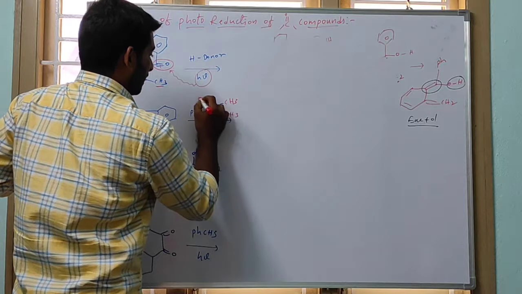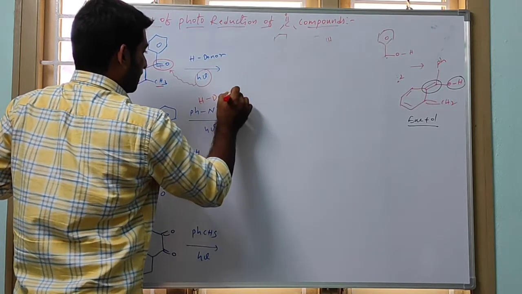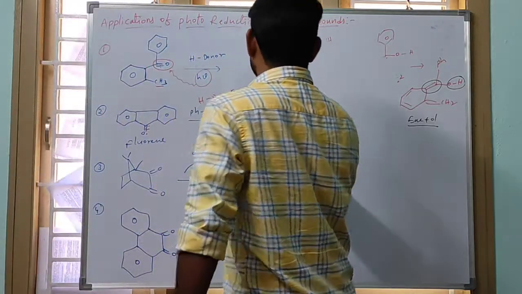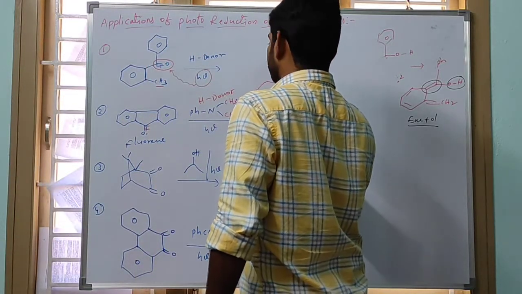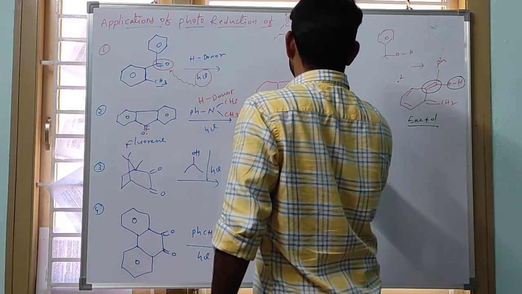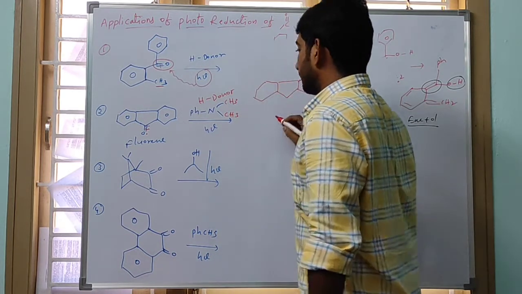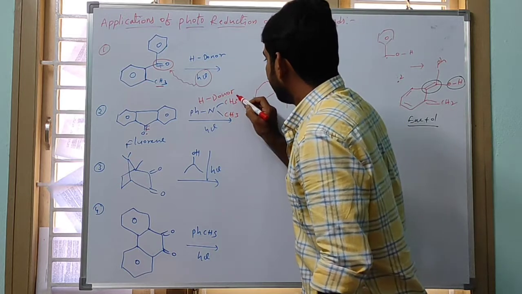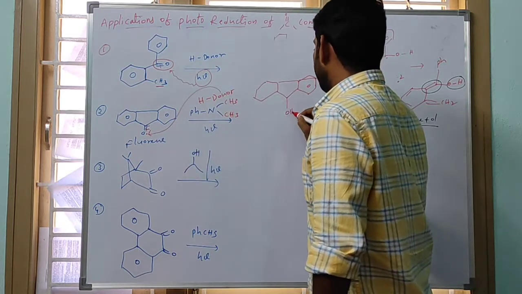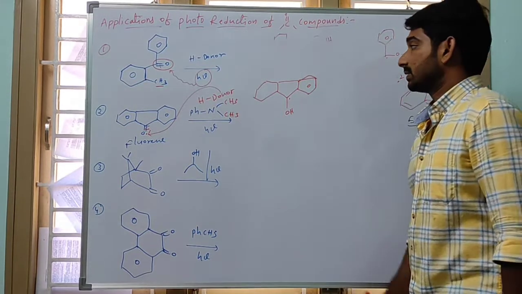This is the hydrogen donor, and from it the carbonyl abstracts one hydrogen radical, giving OH.